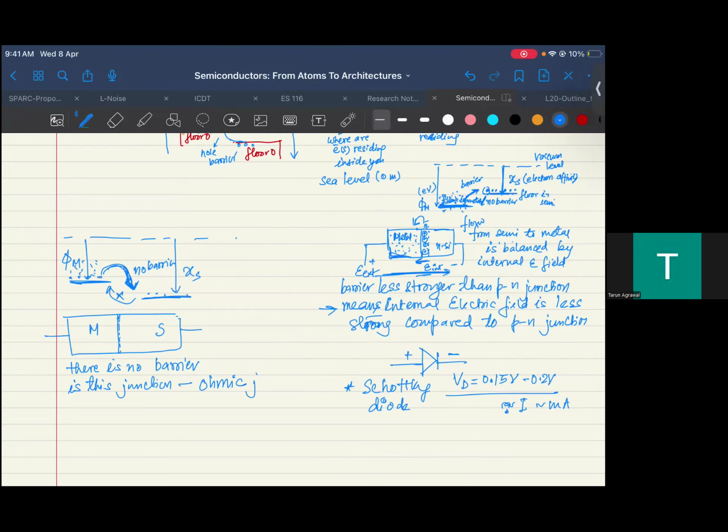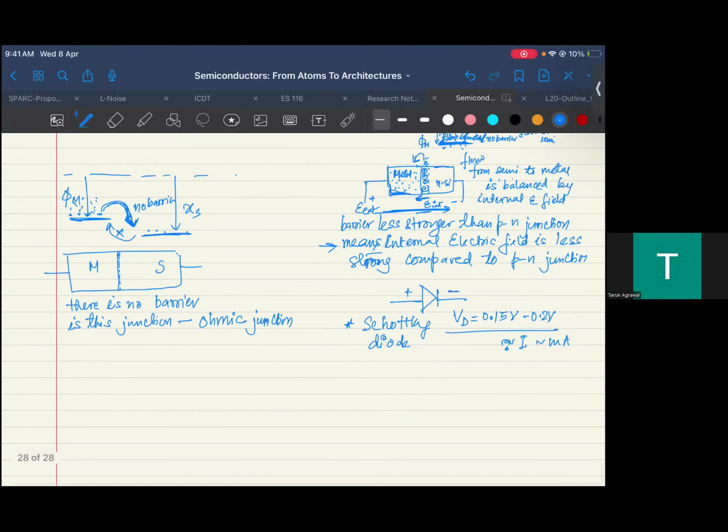Ohmic junction means that if I apply any voltage across it in either direction, I'm going to get a linear current-voltage graph, right? Because now there is no junction and no barrier to overcome.